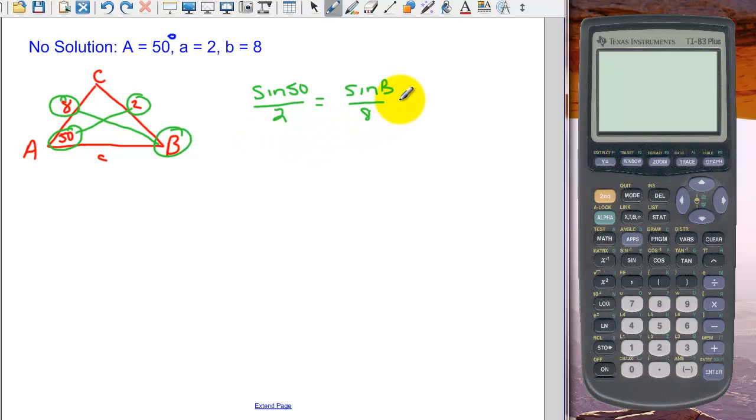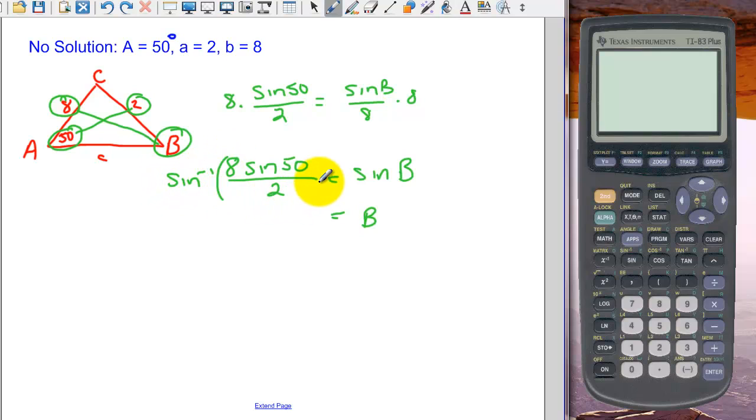We can multiply both sides by 8 so that we can get the sine of B by itself. Now in this situation our angle is unknown, so to find B we have to take the inverse sine of this calculation.